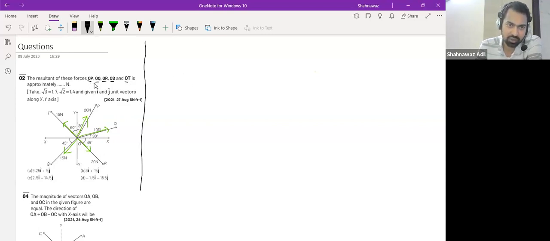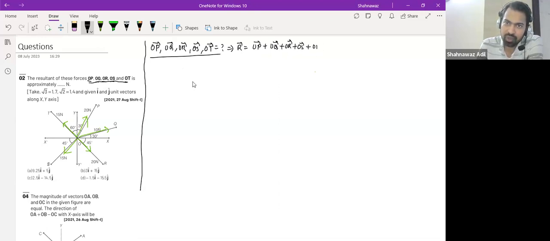So first we need to find the OP vector, OQ vector, OR vector, OS vector, and OT vector, and then just find the resultant.